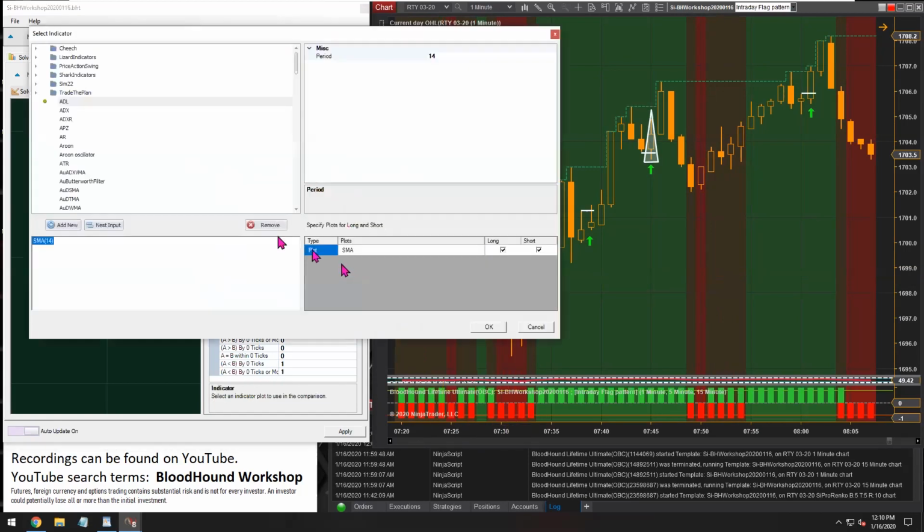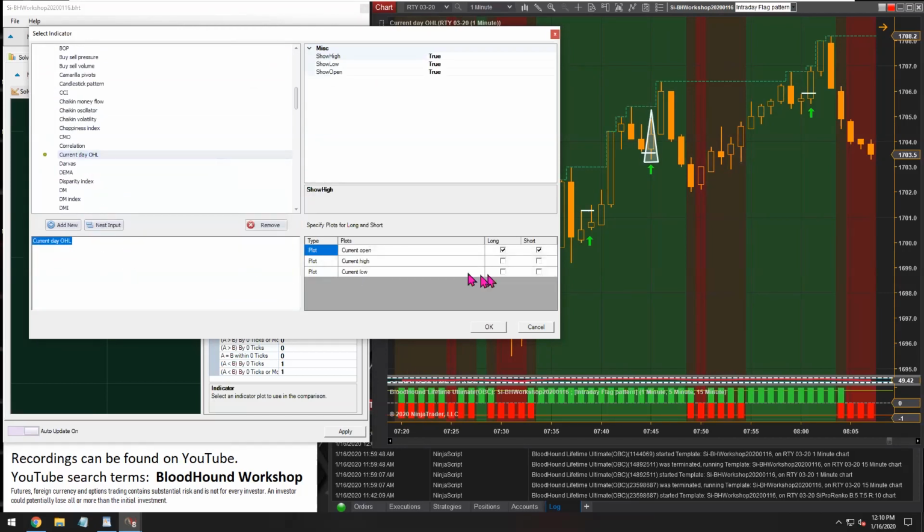So let's go in here, find the indicator, and make sure we select the correct plots. We're using the current high for potential long signals, and if price is making new lows, we're using the current low for potential short signals from short flags.